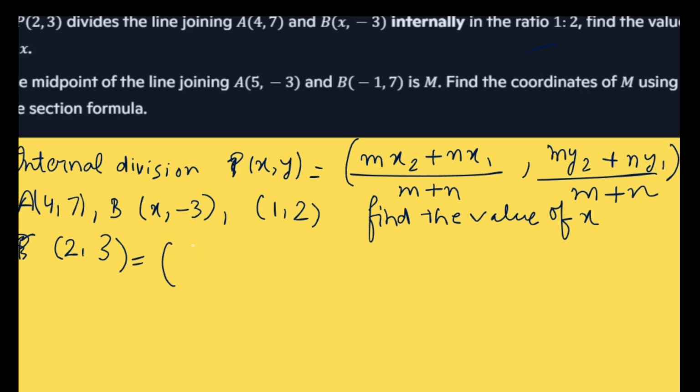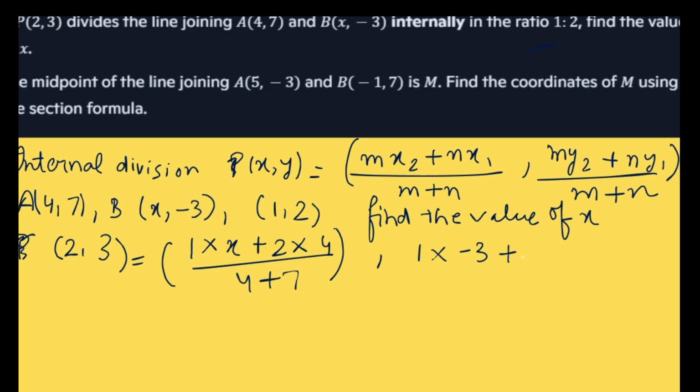m is equal to 1, x2 is equal to x, plus n is equal to 2, x1 is equal to 4, upon m plus n, which is 1 plus 2. And for y, m is 1, y2 is equal to minus 3, plus n is 2 times 7, upon 1 plus 2.